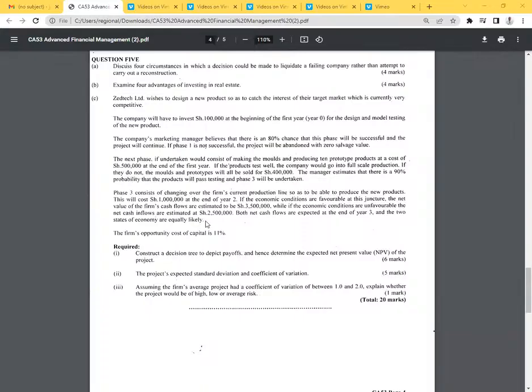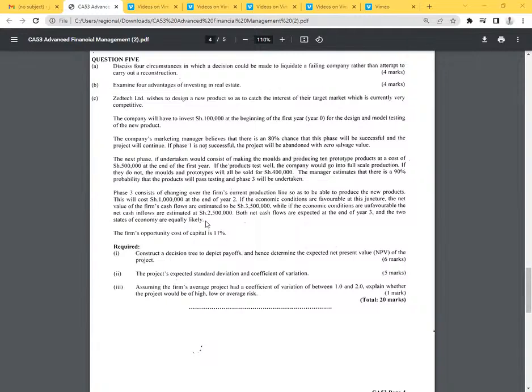If the economic conditions are favorable at this juncture, the net value of the firm's cash flows are estimated to be 3.5 million, while if the economic conditions are unfavorable, the net cash inflows are estimated at 2.5 million. Both net cash flows are expected at the end of year 3, and the two states of the economy are equally likely.